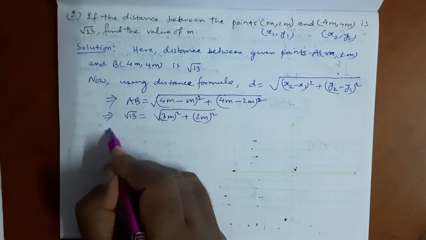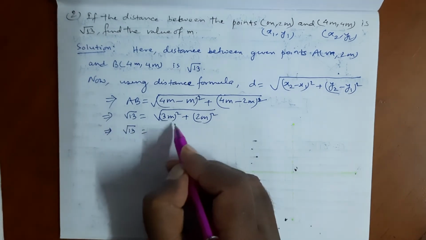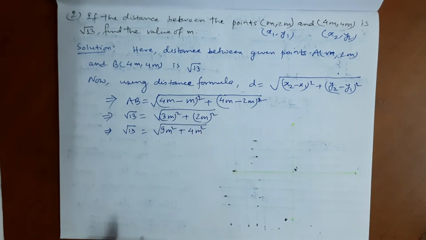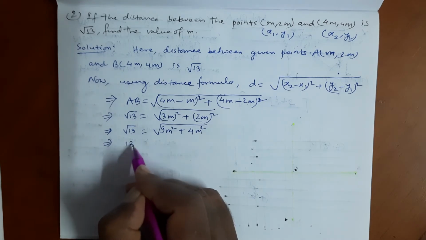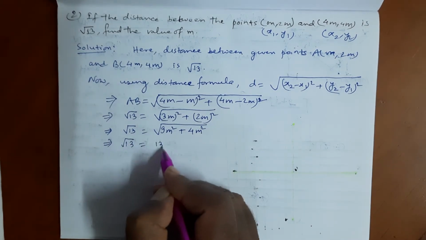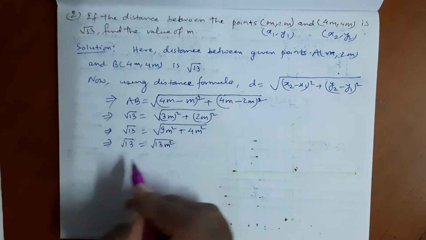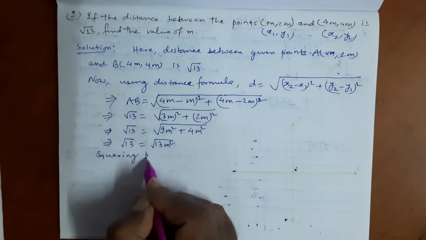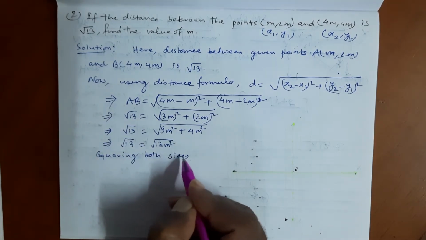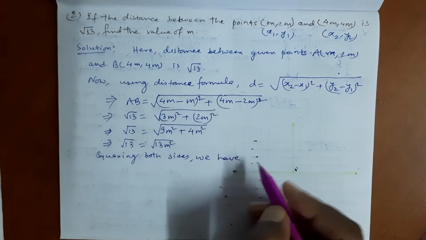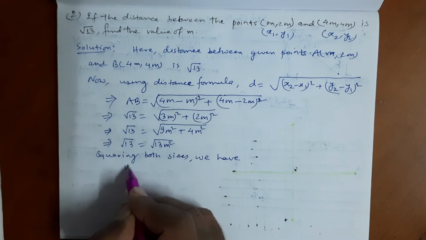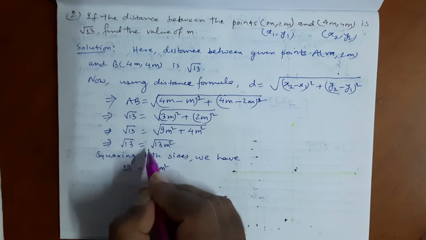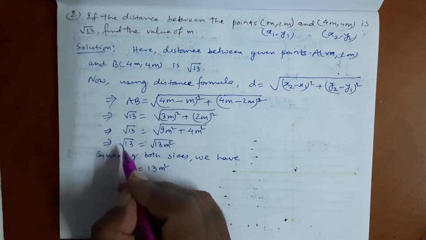This implies root over 13 equals root over 9m square plus 4m square. This implies root over 13 equals root over 13m square. Squaring both sides, root over 13 square is 13 only, and root over 13m square will be 13m square, as the root is removed while squaring both sides.